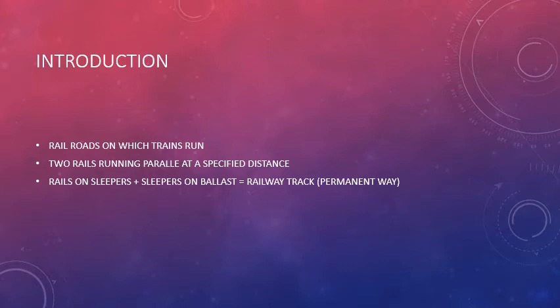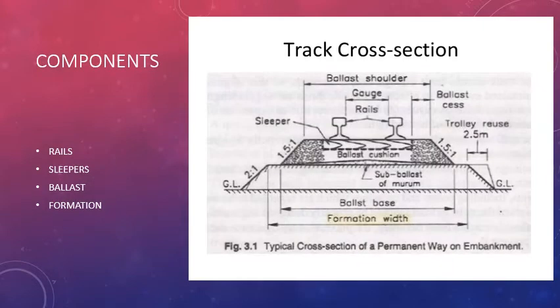The rails resting on the sleepers and the sleepers resting on the ballast together form the railway track, and this railway track is otherwise known as the permanent way of the rail transportation system. We will look at the components of the permanent way of railway engineering. So the main components of the railway track are rails, sleepers, ballast and formation.